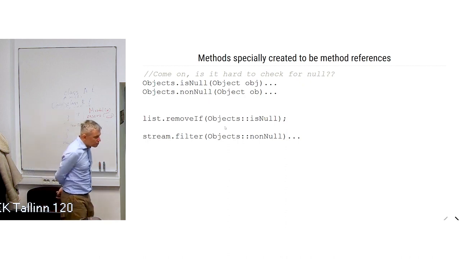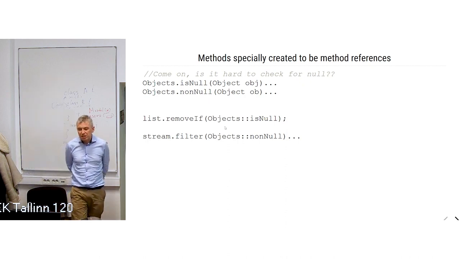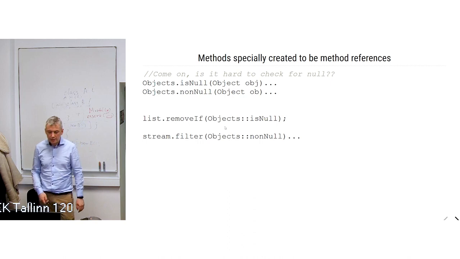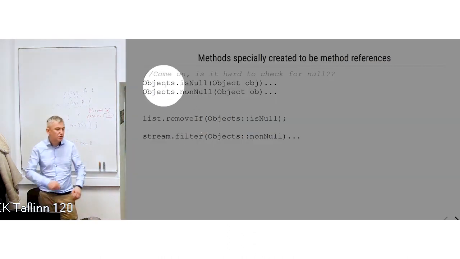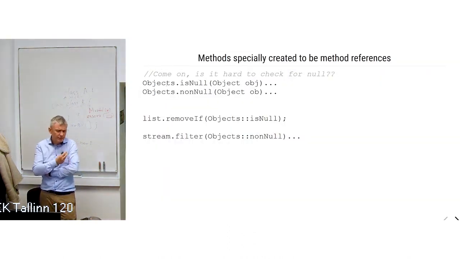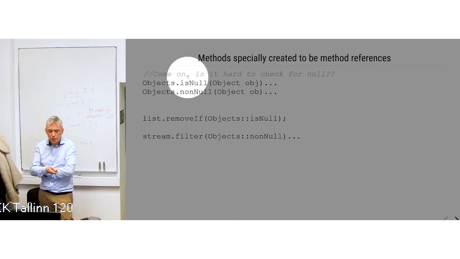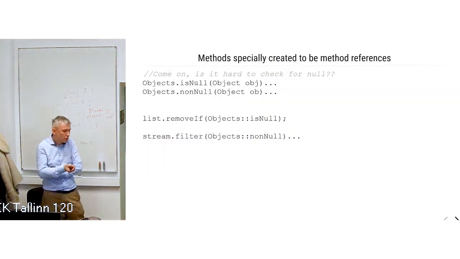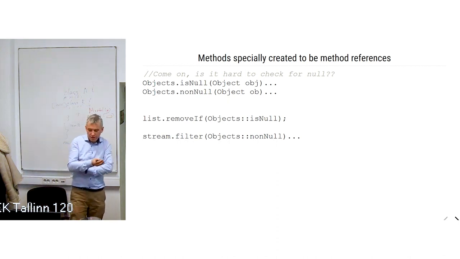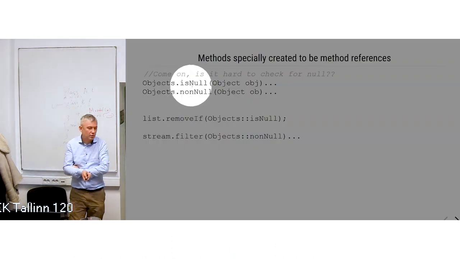All right, what else do we have? We have methods specially created in the standard library to be utilized as method references. Like this, we have the class Objects, a utility class, and it has some methods that might look stupid to you, like this one, Objects.isNull(object), which returns true if the object is null and false if it's not null, and vice versa, Objects.nonNull.